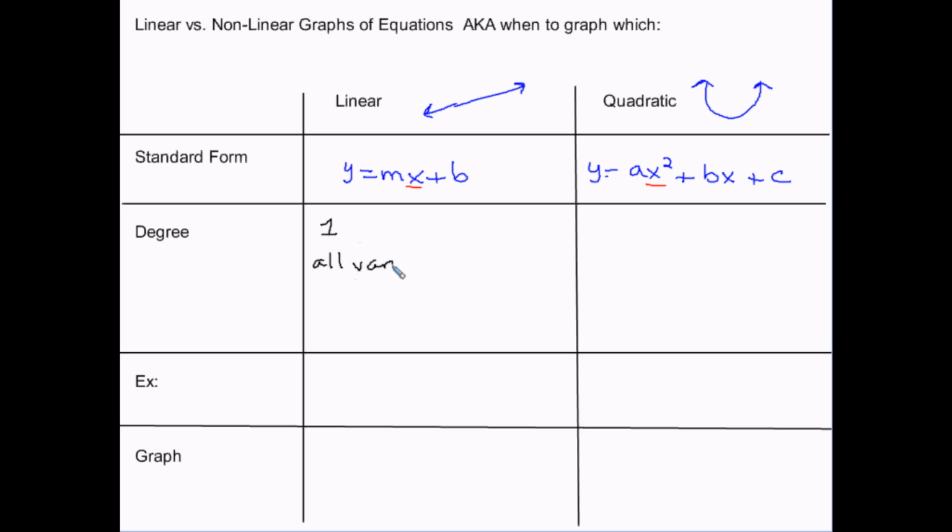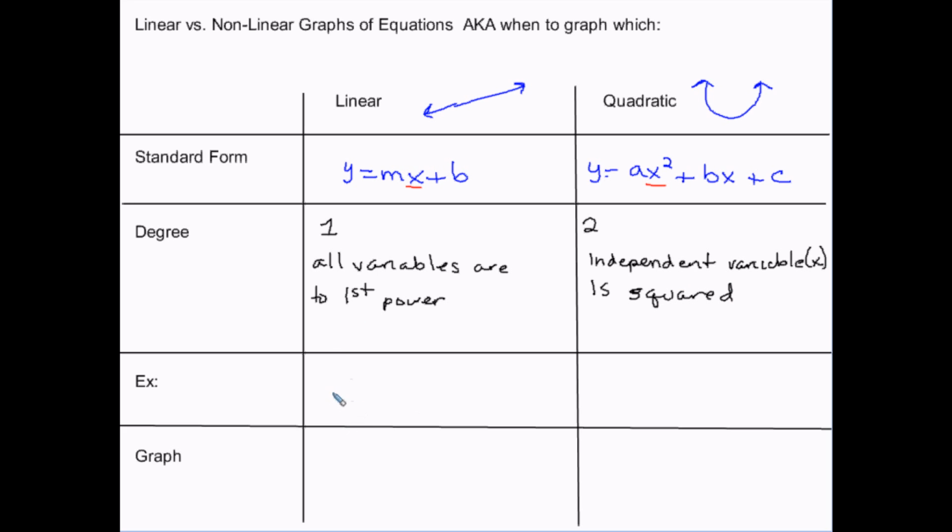All variables are to the first power. Okay. And this one, our degree is 2, and that is our independent variable, which is x, is squared.